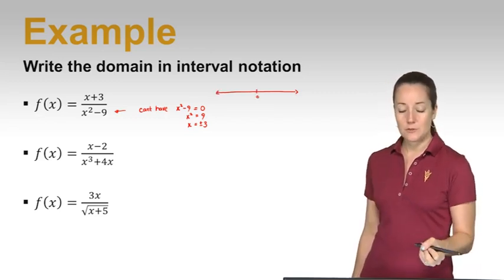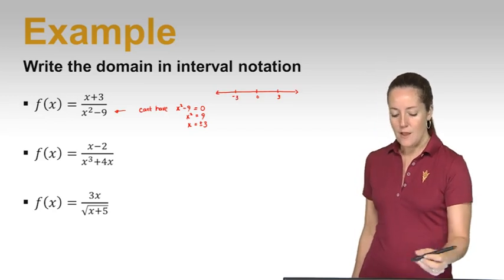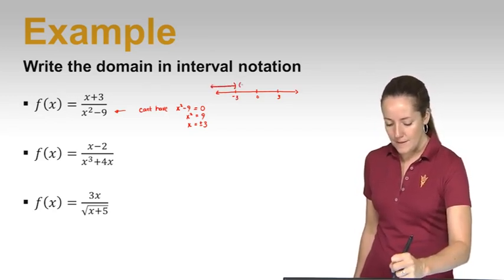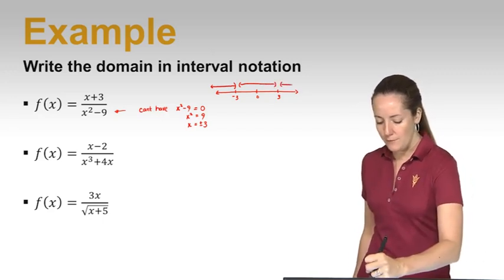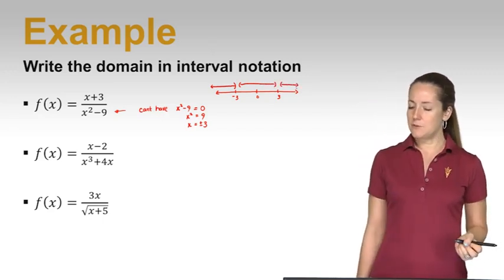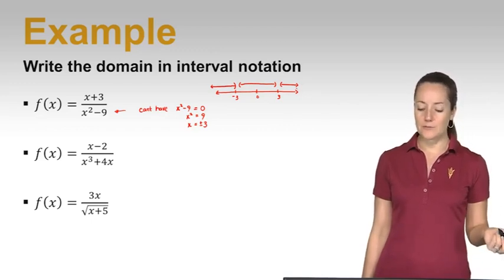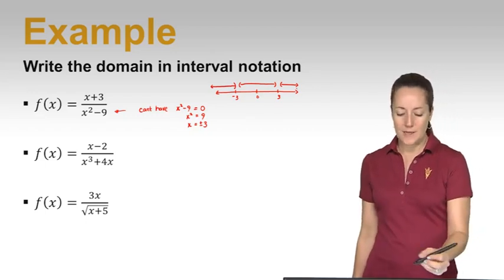Here, let's say I've got 0, 3 is over here, negative 3 is over there. It's okay for me to have anything down this way, anything between 3 and negative 3, or anything above positive 3. I just can't have those two individual numbers, either x equal to negative 3 or x equal to positive 3. So I'll write 3 intervals as my domain.